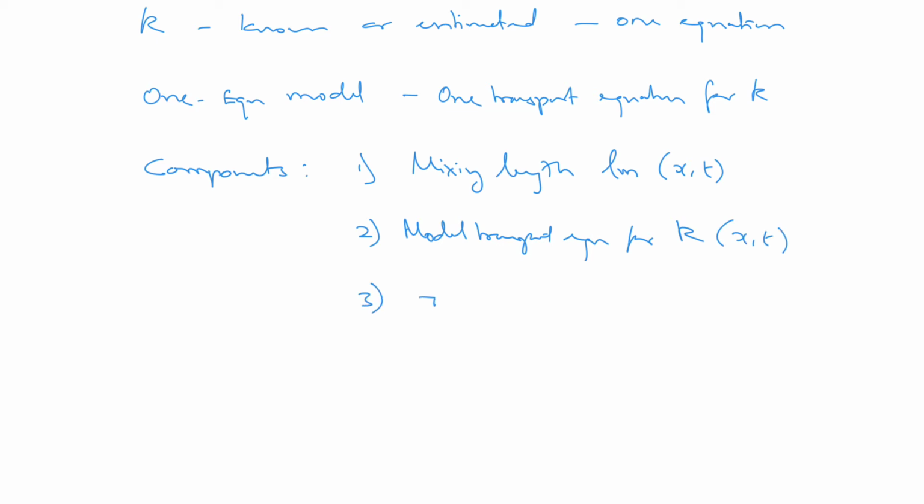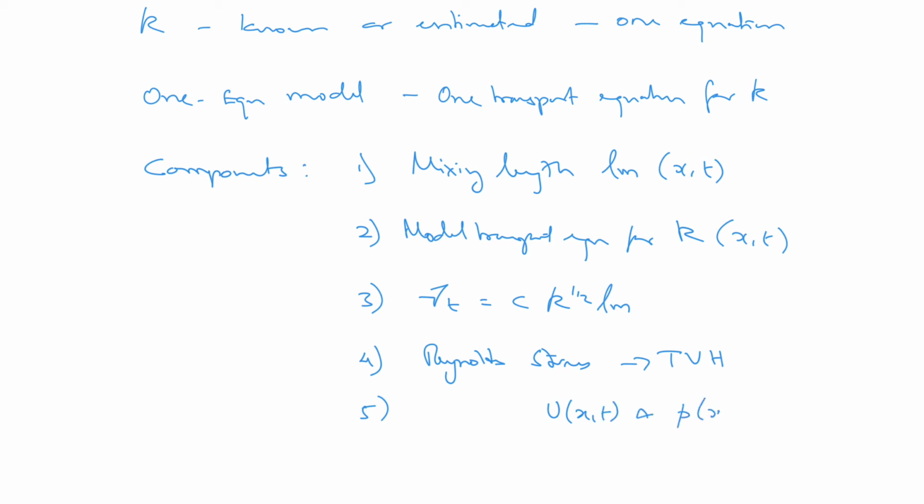And third, the turbulent viscosity, which is C k power half L suffix m. And fourth is the Reynolds stress, which we are arriving from turbulent viscosity hypothesis. Then we have this Reynolds equations, which we will be using to solve for u of x comma t and p of x comma t.